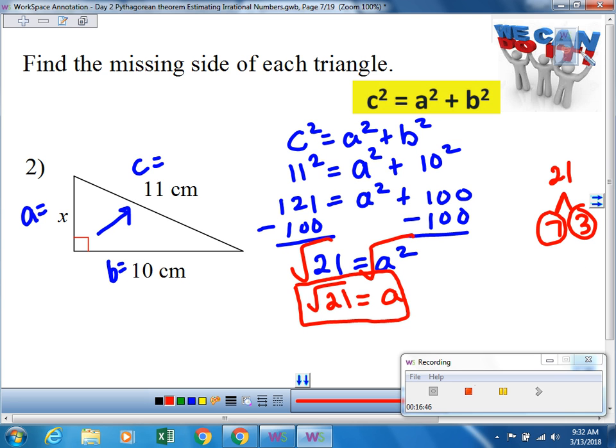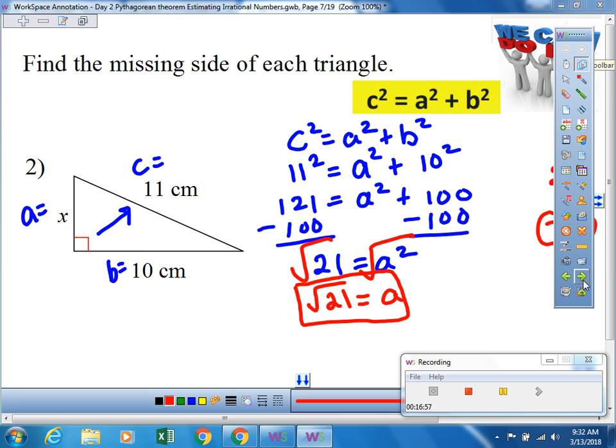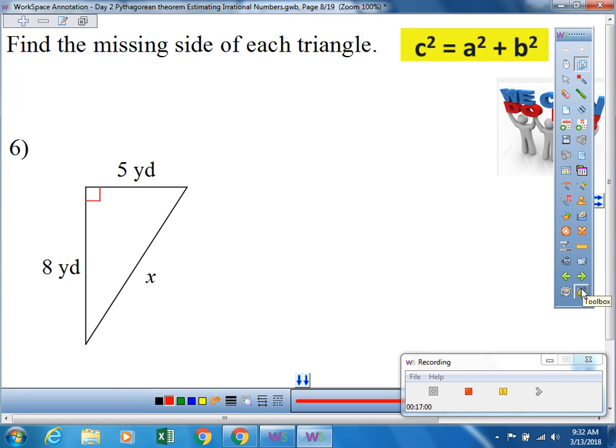All right, next up. Write this down. Label your sides. Oh, here, we're going to change this one to 4. Sorry, there was an error on the slide.